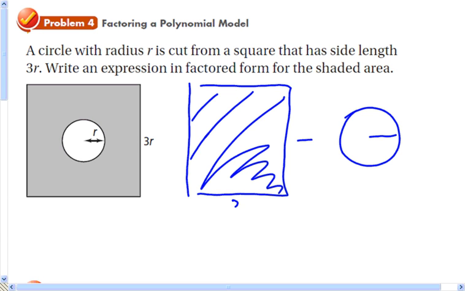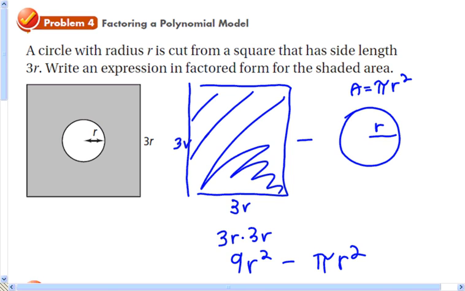The dimensions of the square are 3r and 3r because it's square. So I have 3r times 3r, which simplifies to 9r squared. And then for the circle, the radius is r, and the formula for the area of the circle is pi r squared.